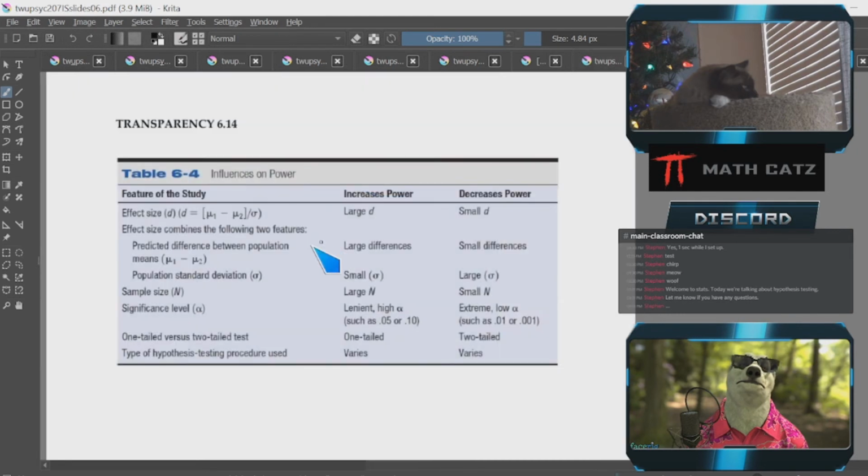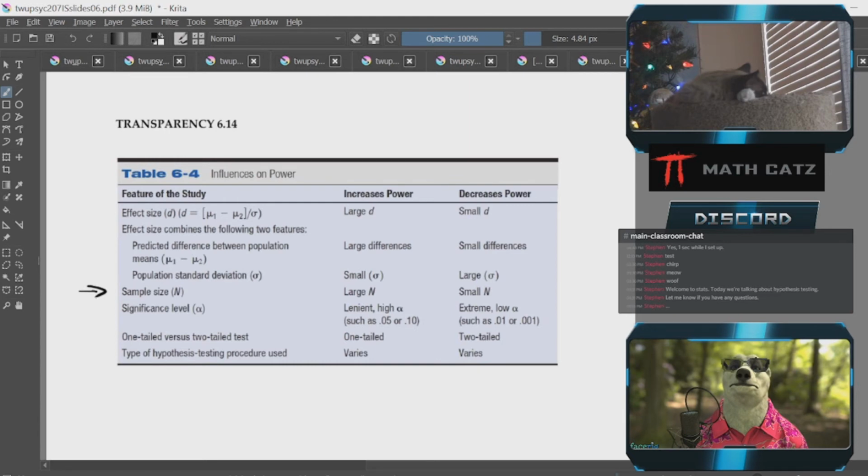And then, as we said, sample size, which is arguably the most important one here. A larger sample size has that good effect of decreasing the standard deviation and the variance, and that is an easy way to increase the power. Of course, there's a balance between the significance level alpha and power, or type 2 error.